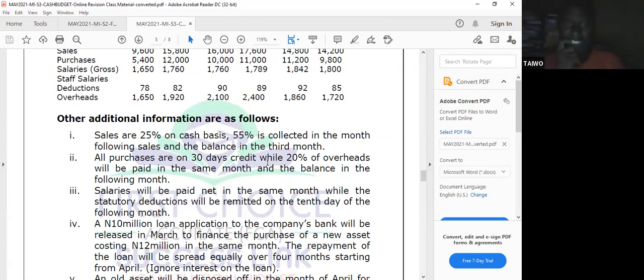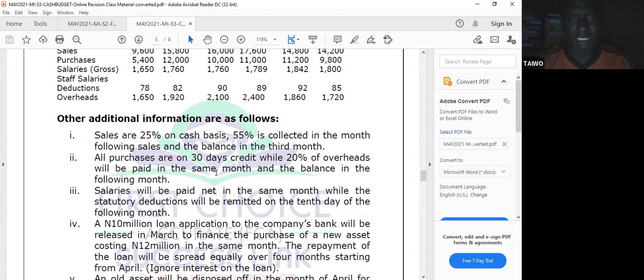So all purchases are on 30 days credit, since our suppliers are ready to give us a 30 days grace period before we make payment. Now, 20% of overhead will be paid in the same month and the balance in the following month.